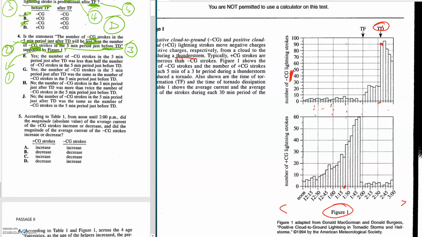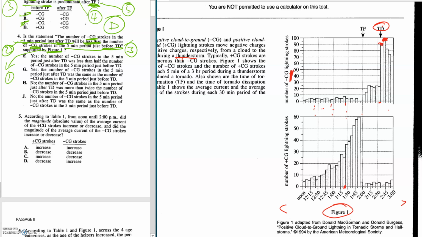So this is TD, and this is 5 minutes after, and it's the biggest block. It's about 95. So is just after less than? No, it's not, because this is the highest block there is. The 5 minutes just after is very high. Is it less than the number of negative CG strokes in the 5-minute period just before?